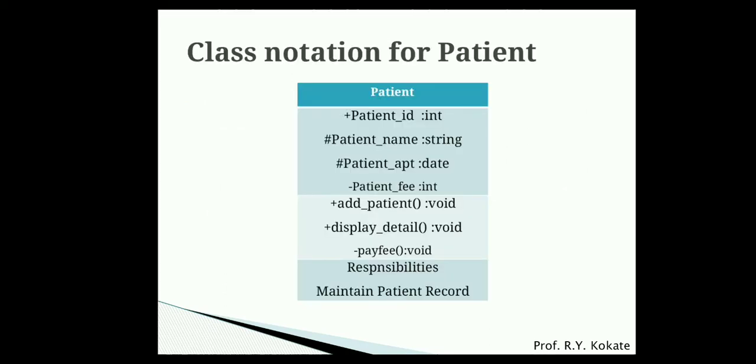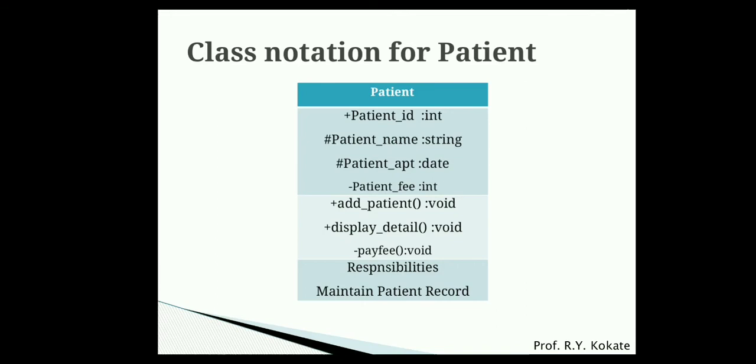For example, class notation for patient. Patient is the name of the class. That's why we write it in the middle of the box. Next box contains the number of attributes. Patient id is your first attribute. First sign indicates the visibility type, that means plus indicates that it is public. And int is your data type.